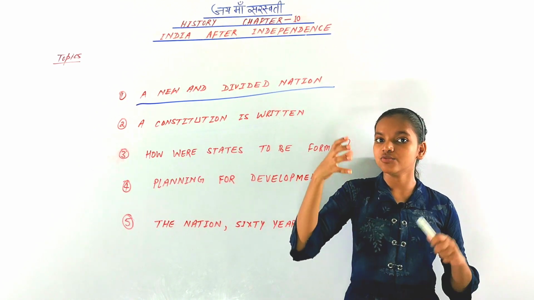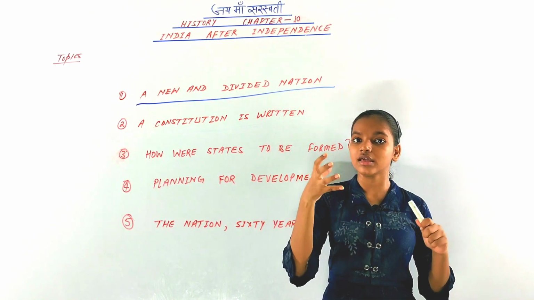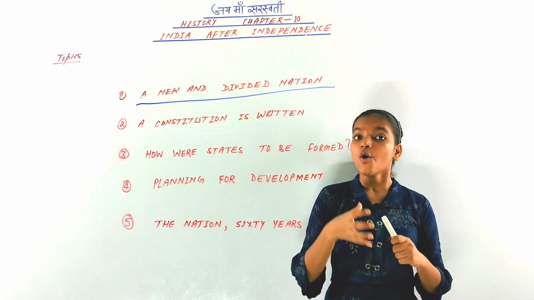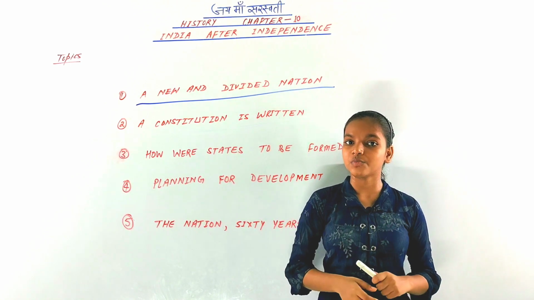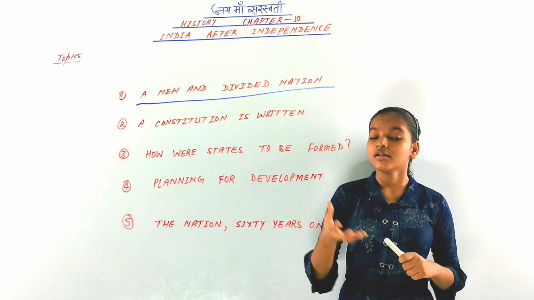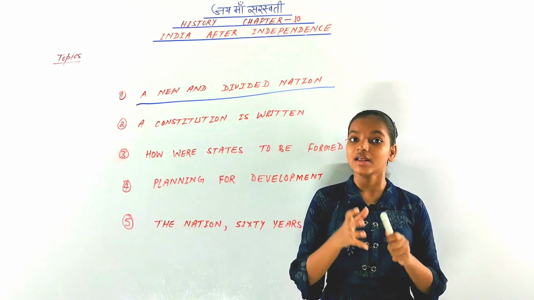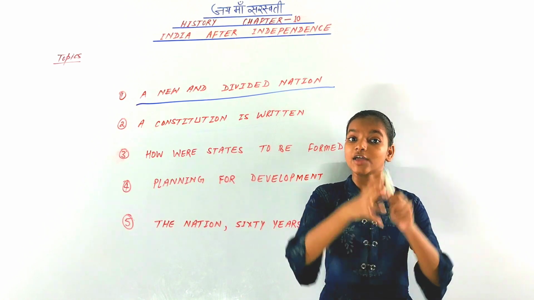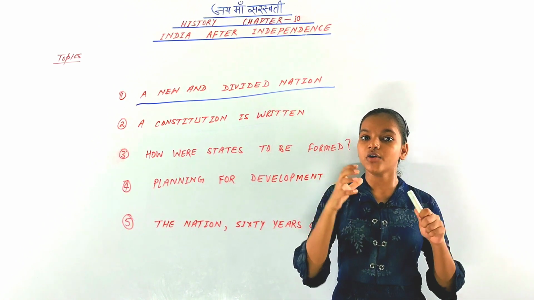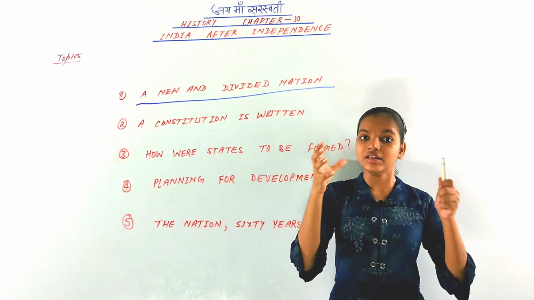They wore different clothes and had their own tastes, different from other people. You can see the difference between the northern people of India and the southern part of India. So there were many differences, many diversities. The problem for the government was to unite them as one nation.